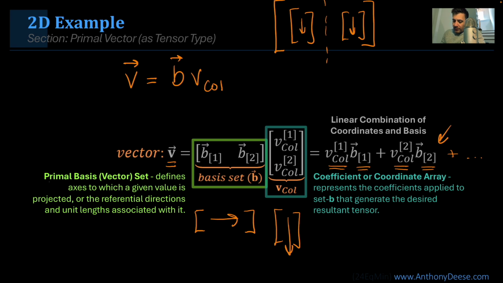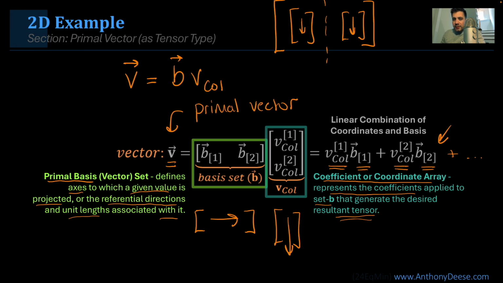So the primal basis set defines the axes to which a given value is projected, or the referential directions and unit lengths associated with it. The coefficient or coordinate array, and I know there's some repetition here, represents the coefficients applied to that set B and generate the desired resultant tensor. So this right here is what we call our primal vector, and that's one type of tensor.